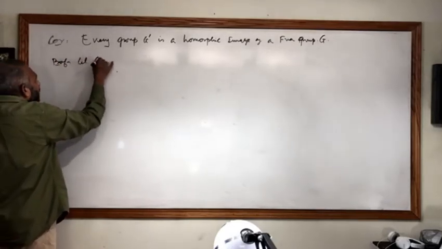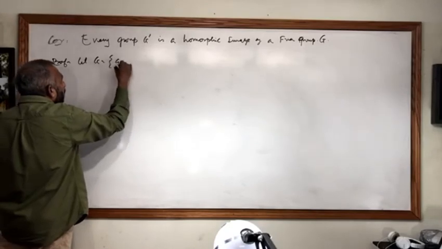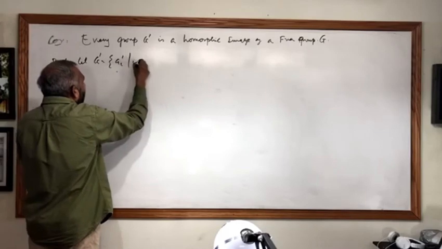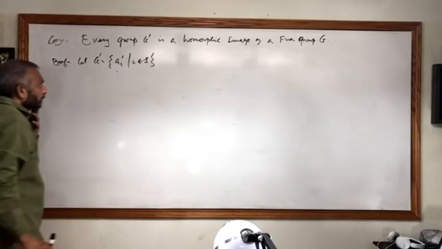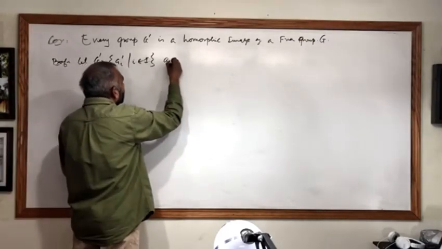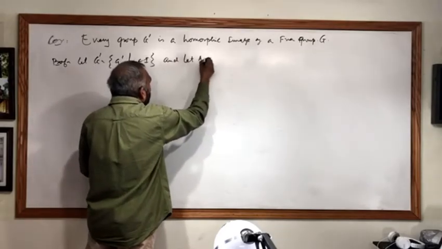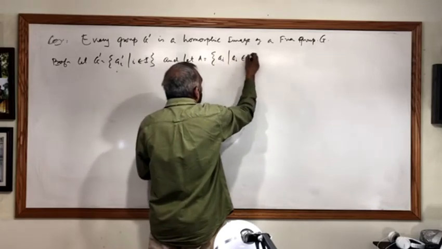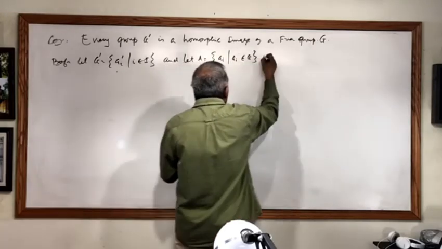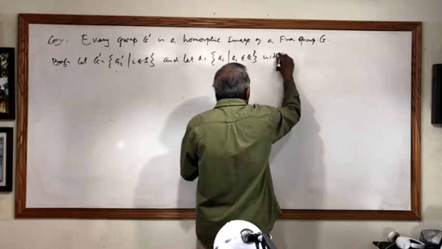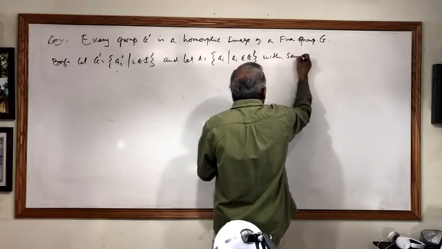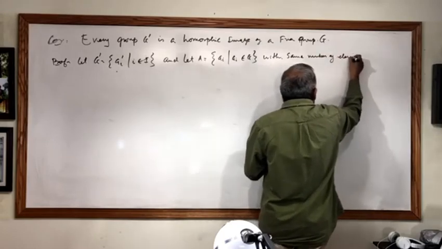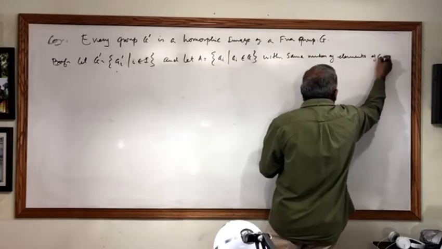Let G prime be equal to {a_i prime}, where i belongs to I. And let A be equal to {a_i}, with the same number of elements as G prime.